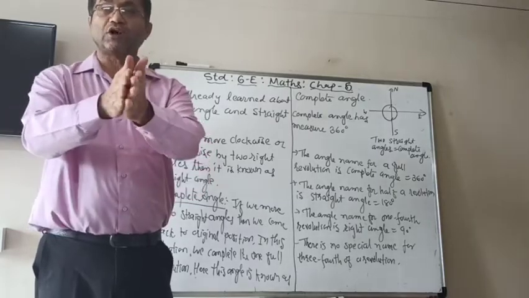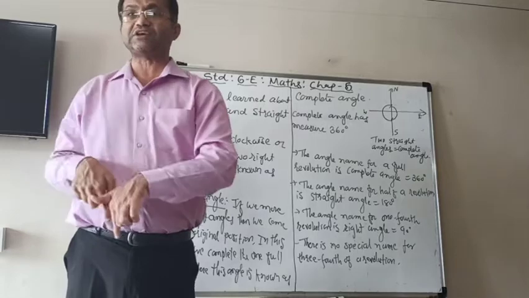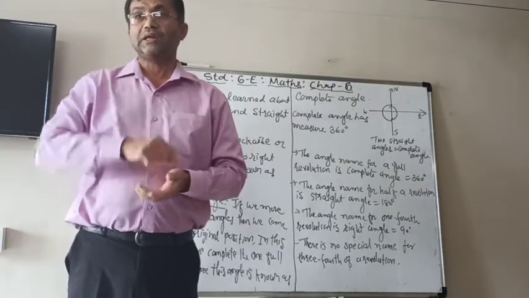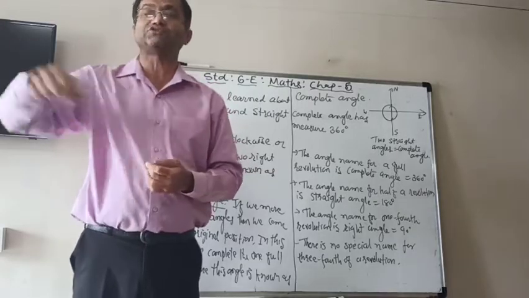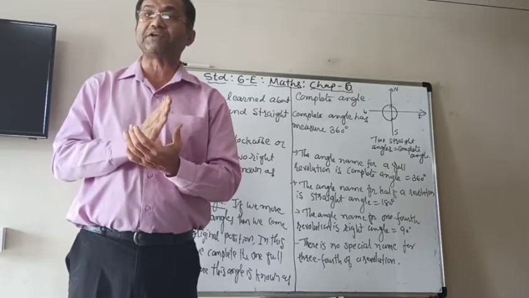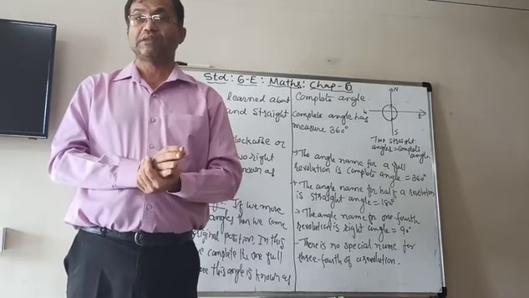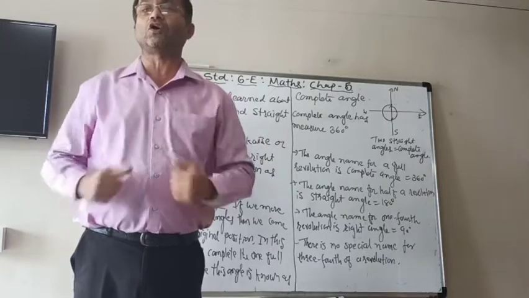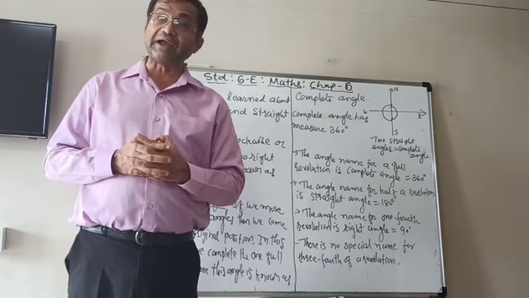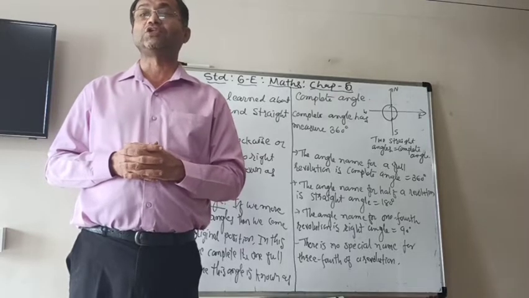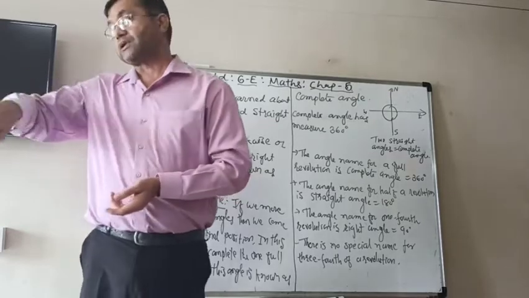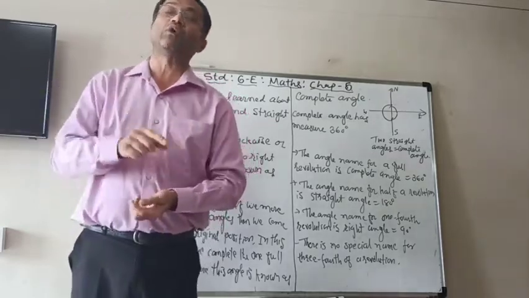So you started from north, moved one straight angle and another straight angle, two straight angles. Then you finish a full revolution. It is said that you have completed one full revolution, and you come back to your original position. So that angle is known as a complete angle, because you are completing a full revolution.